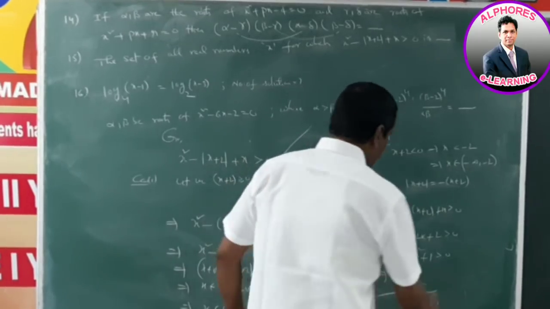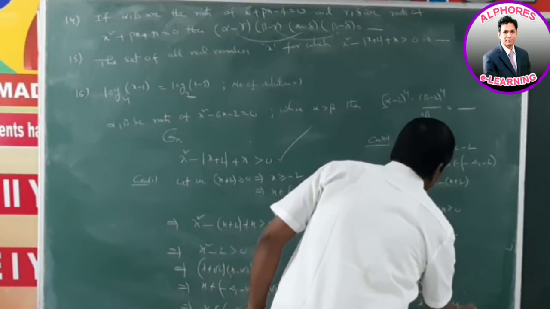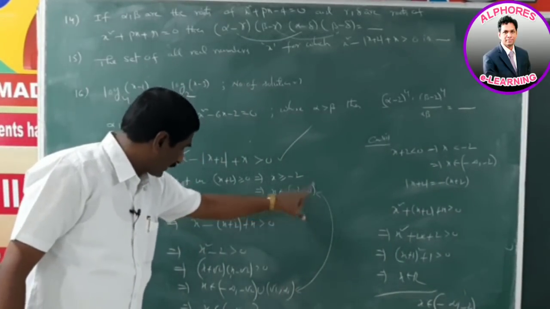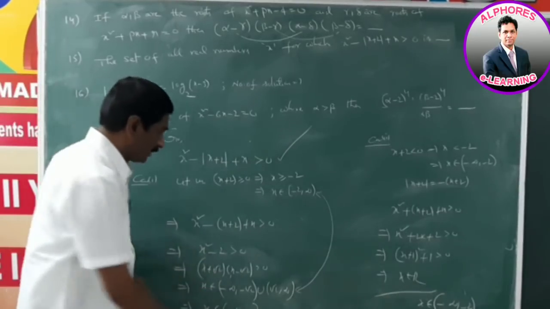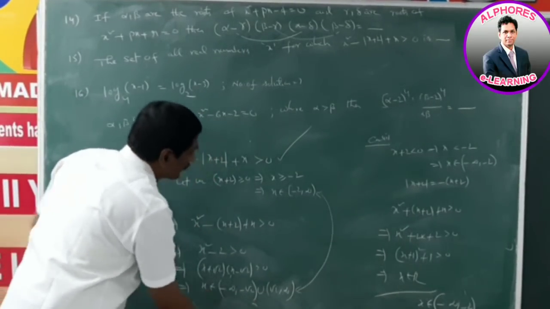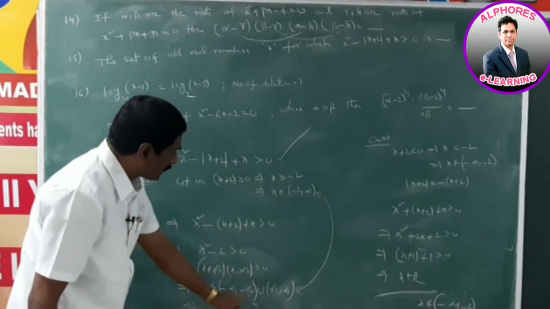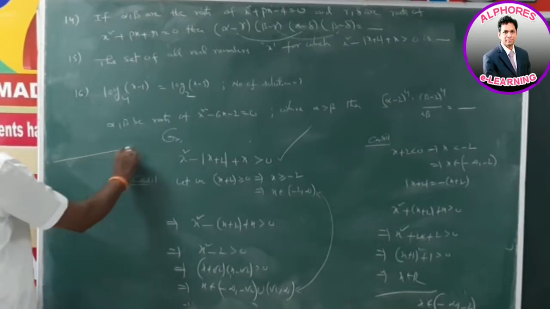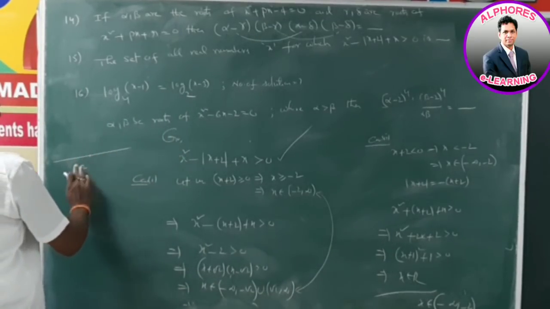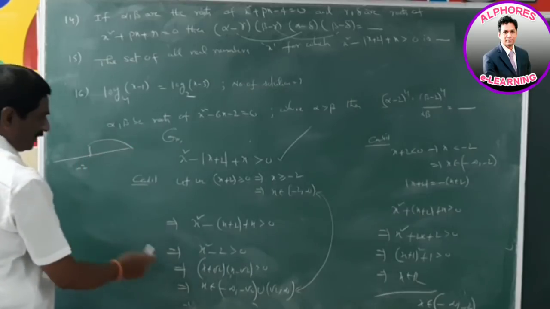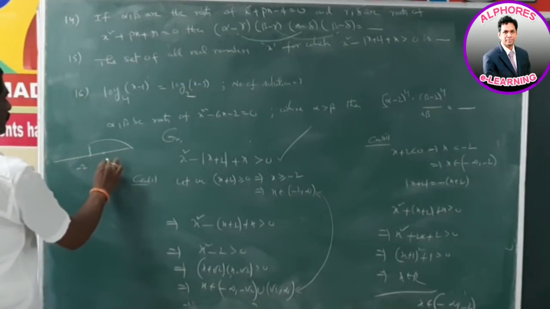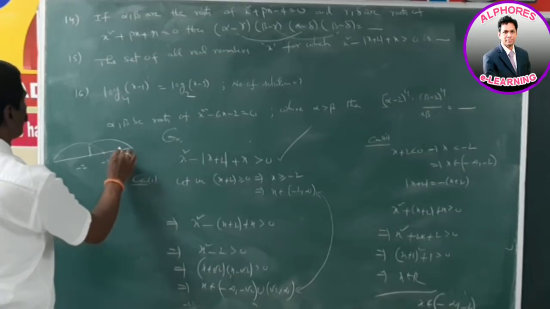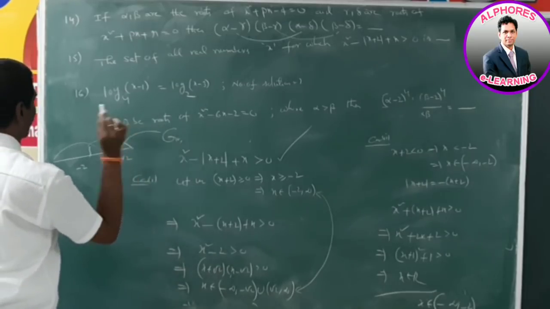But in this case, x belongs to minus infinity to minus 2. Here x takes minus infinity to minus 2, and the other interval is minus 2 to infinity. That means the common solution is, here it is wrong. The common solution is minus infinity to minus 2 union root 2 to infinity. That means the common value is minus 2 to infinity. Next one is minus infinity to minus root 2 union root 2 to infinity.